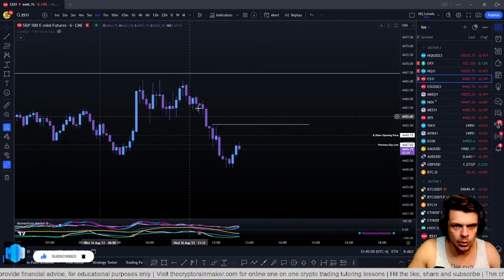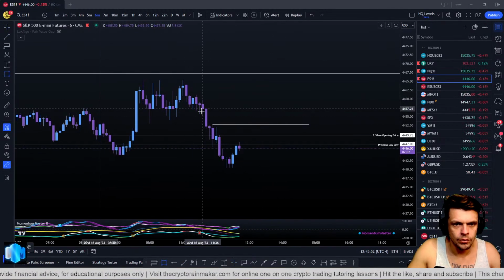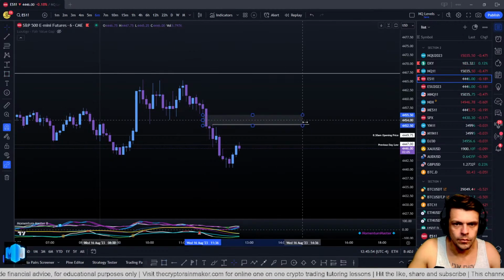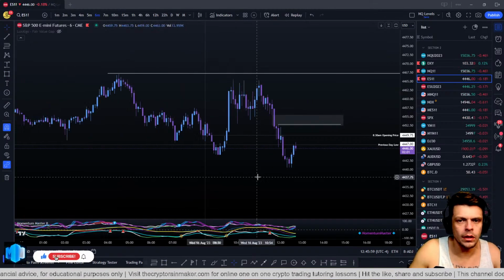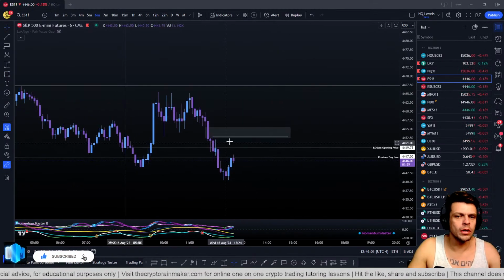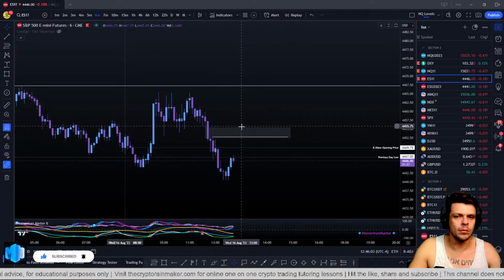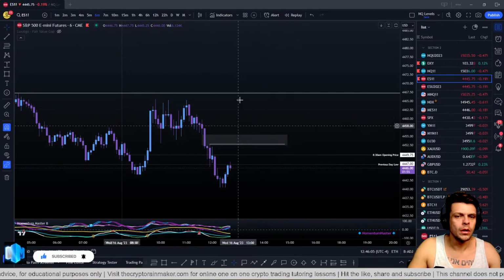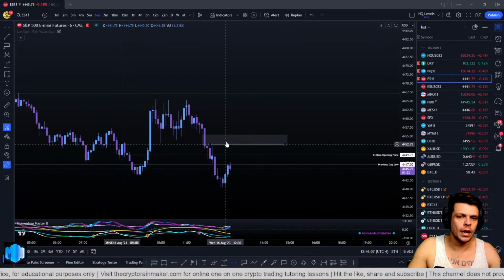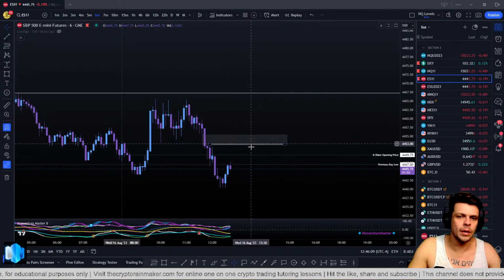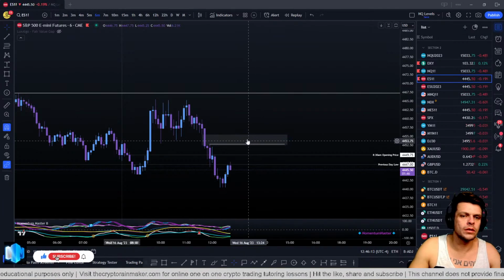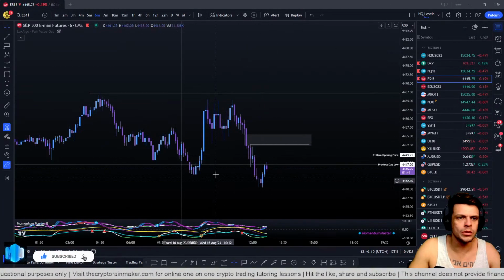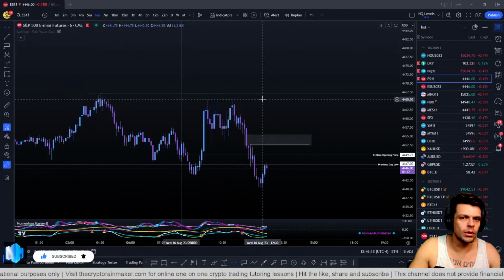And then we just have to be wary of this fair value gap. But if the draw on liquidity is to the upside, then most likely this will act as an inversion fair value gap, where it will kind of consolidate inside of it, maybe dip below, then break through and then come down and kind of test this as support and then continue to the upside, because we have these equal highs right there.